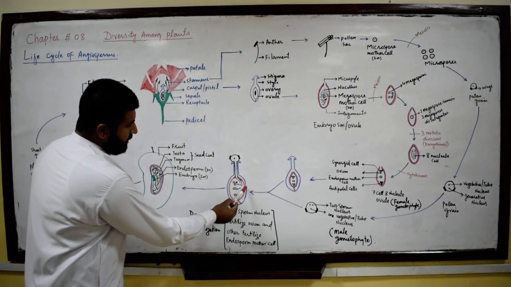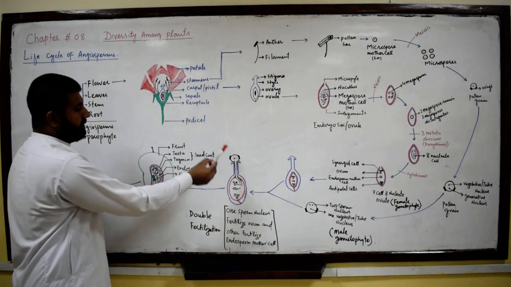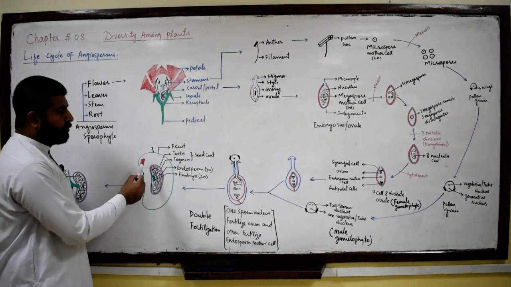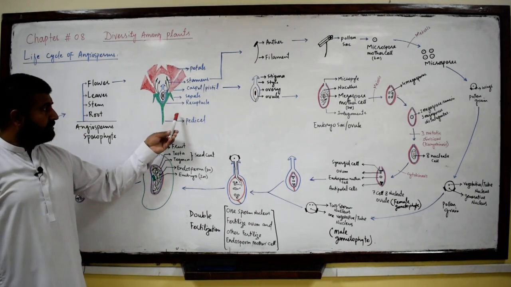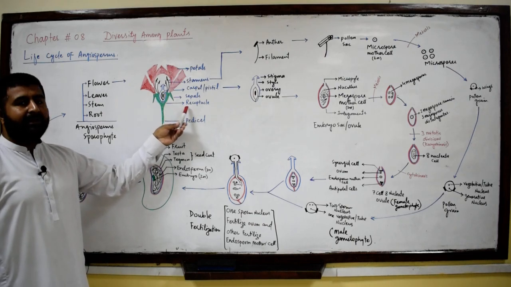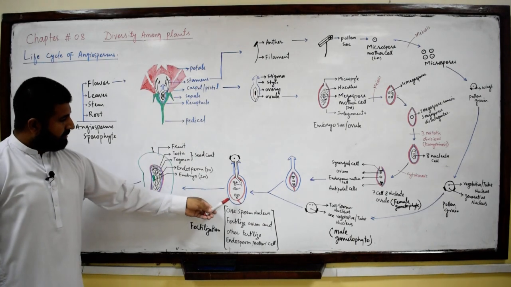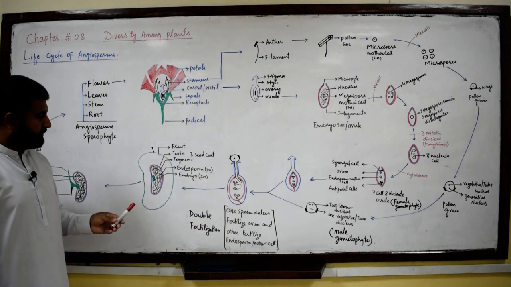Either the ovary or the receptacle develops into the fruit. In some plants you will see that the receptacle becomes the fruit, while in the rest the ovary develops into the fruit.